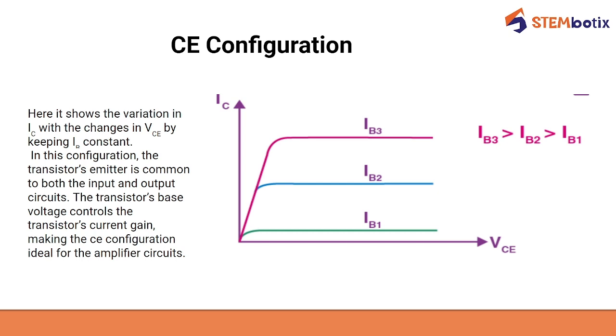So this common emitter configuration is generally used in amplifier circuits because the voltage at the base controls the transistor's current gain.